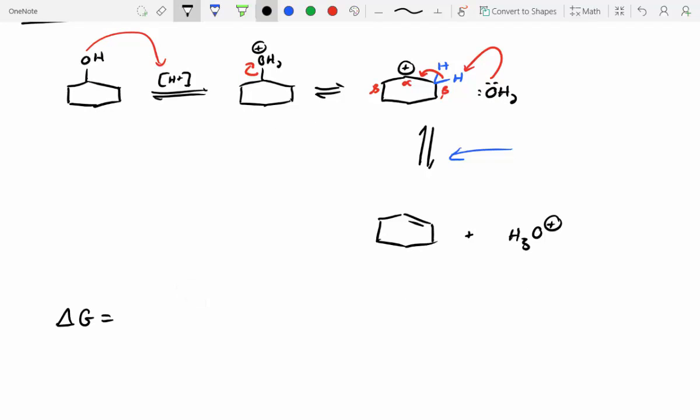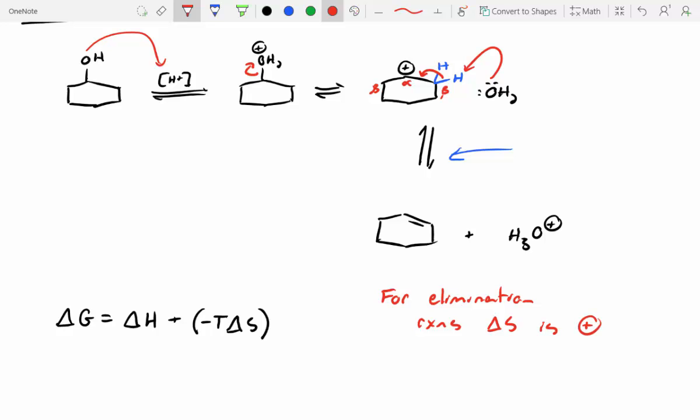We said delta G equals delta H plus negative T delta S. And in this reaction, are we increasing disorder or decreasing disorder? Increasing disorder, right? So for this reaction, or for really any elimination reactions, you're going to be increasing disorder. So delta S is going to be positive.